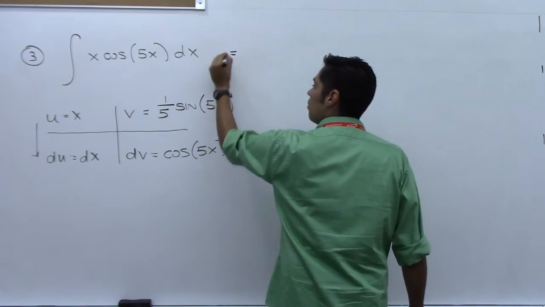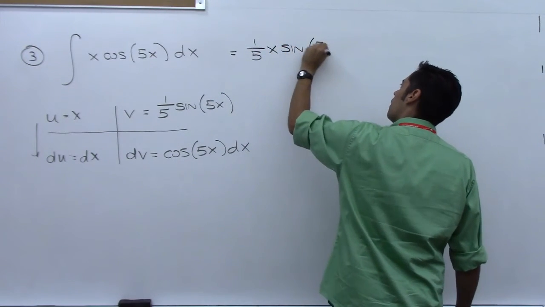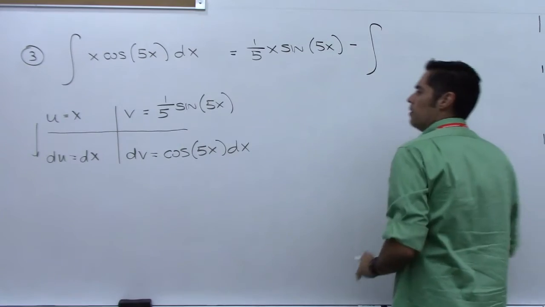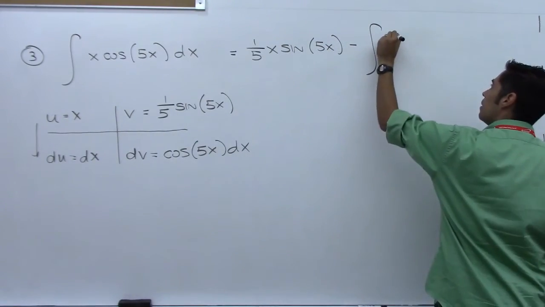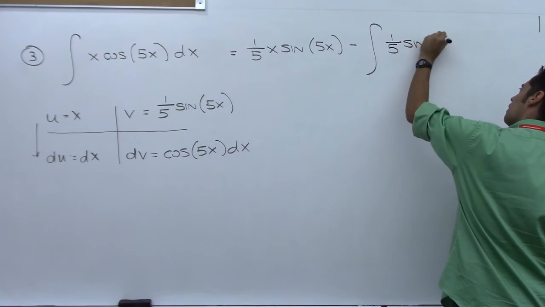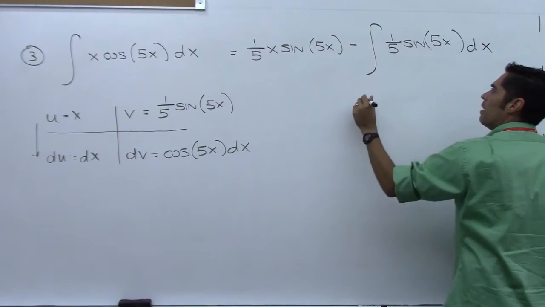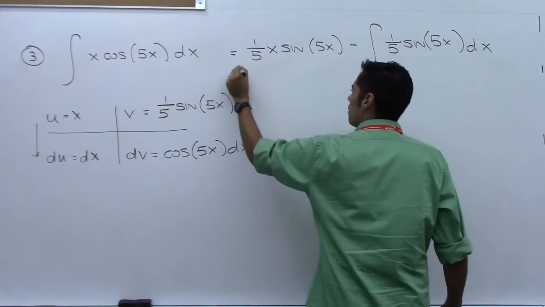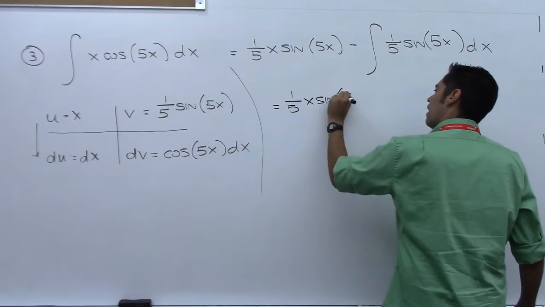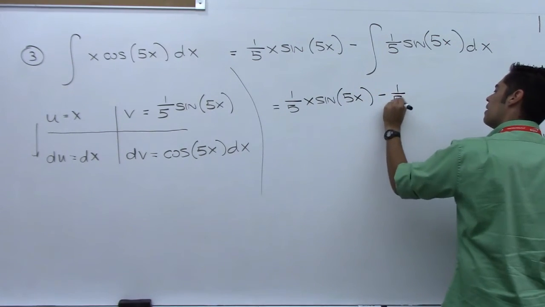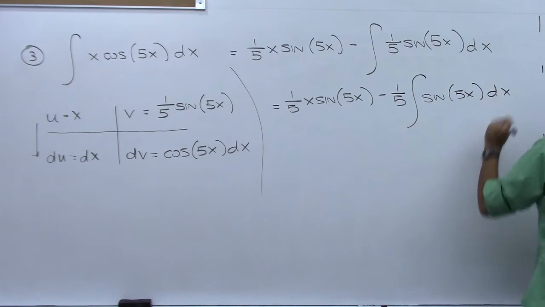And so this becomes ultraviolet. Those two multiply together, minus the integral of voodoo, which is across like this. So 1/5 sine 5x dx. I'll pull the 1/5 out. So this is equal to 1/5 x sine 5x minus 1/5 integral sine 5x dx.